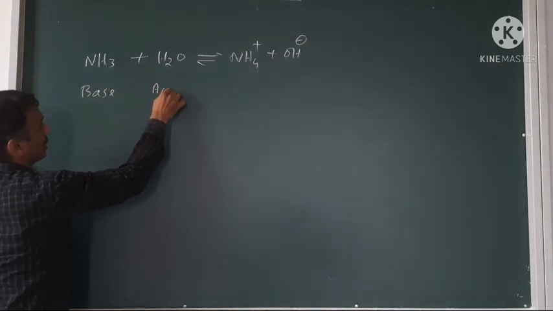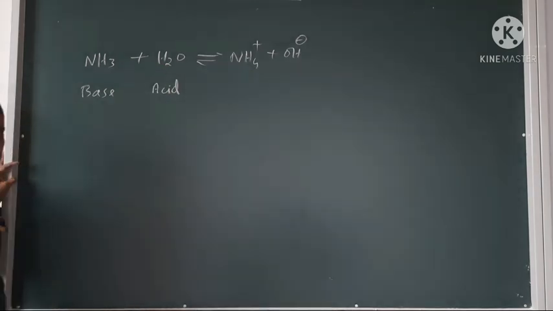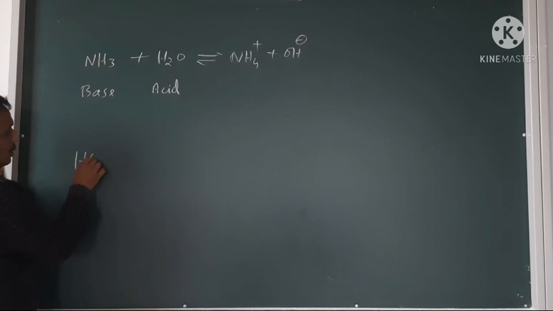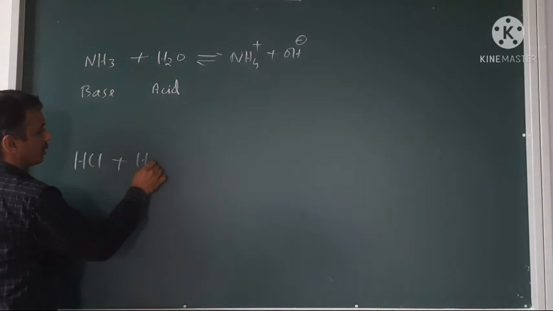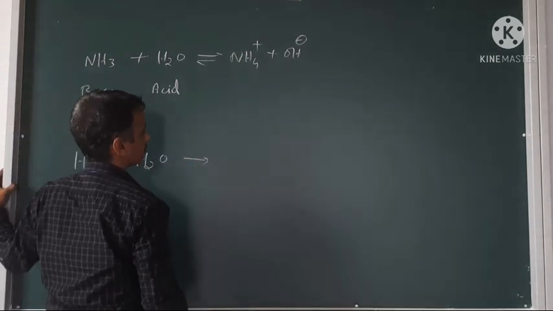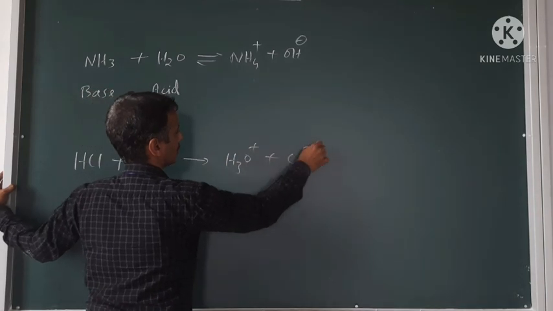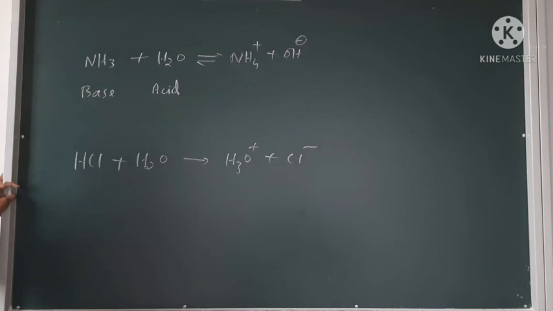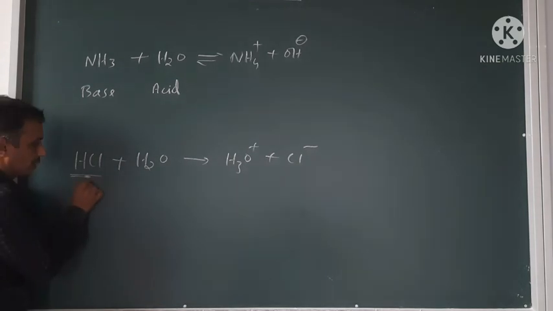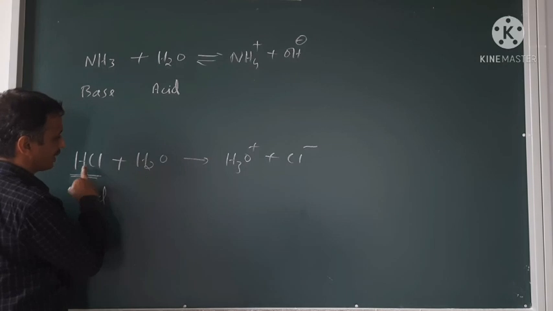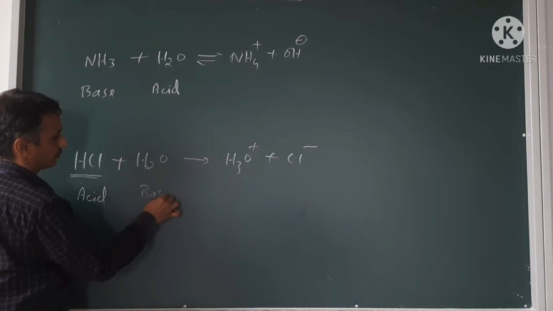Water was an acid because it is donating a proton, H plus. Now, HCl plus water gives H3O plus and Cl minus. HCl is donating a proton to the water, so it is an acid. And the water is accepting the proton, so it is a base.